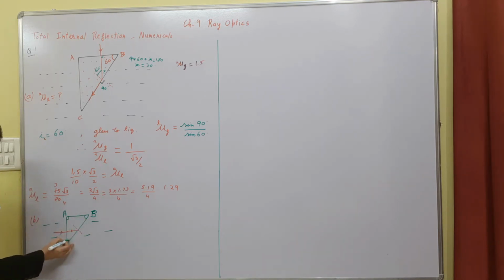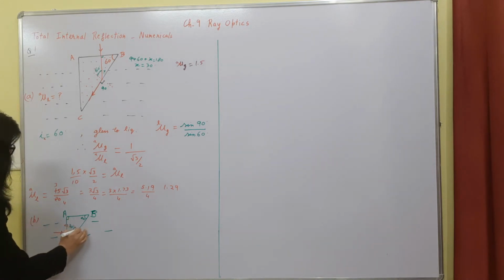So this is 30. This is 90. That means this is 60. And that means this is 30. So here this i is equal to 30, which is less than the critical angle. So that means it will be refracted.